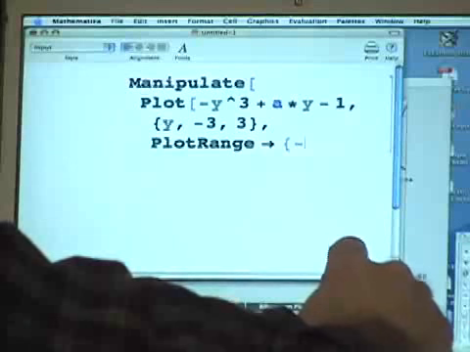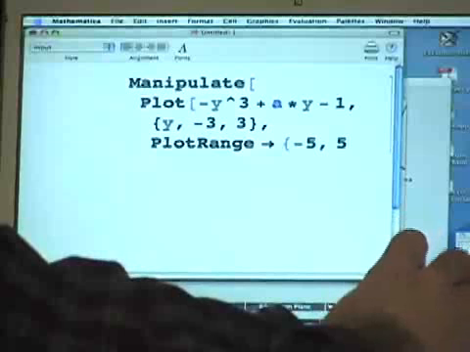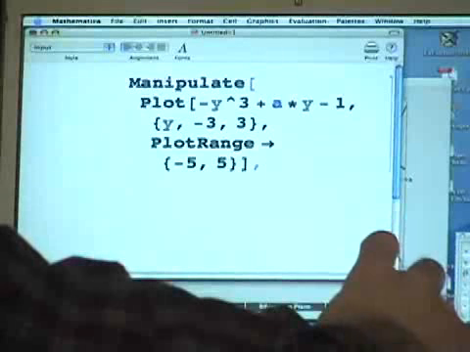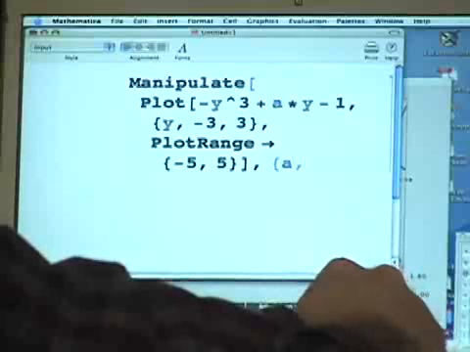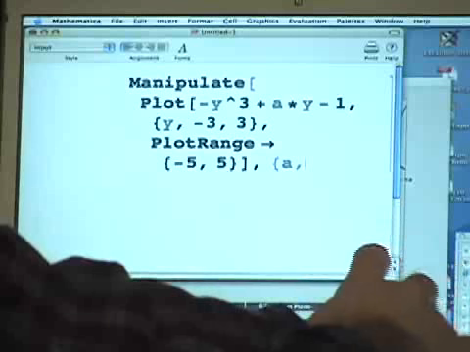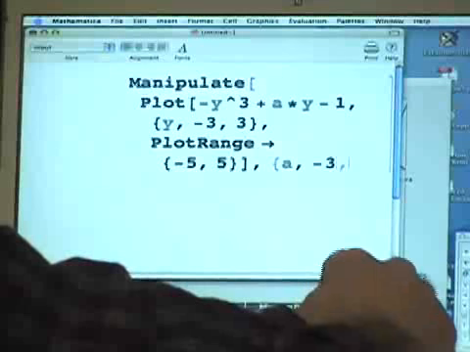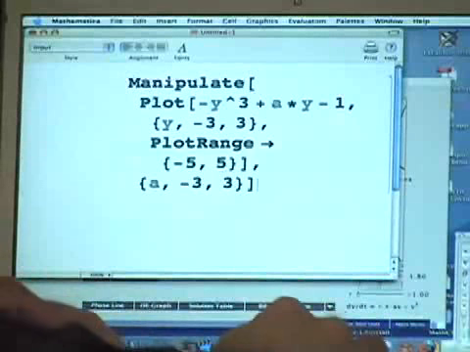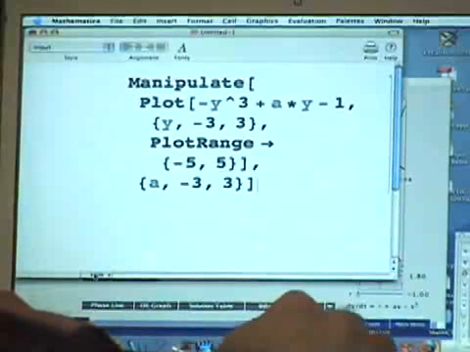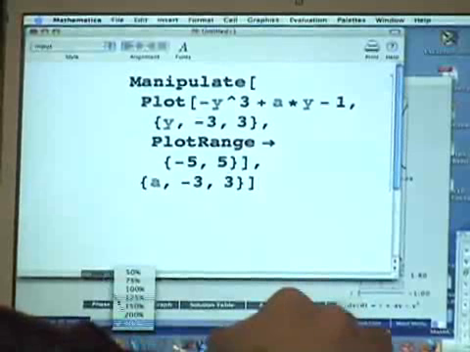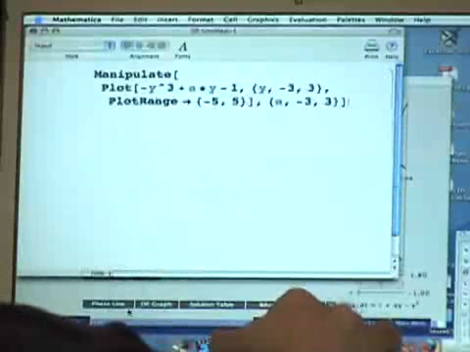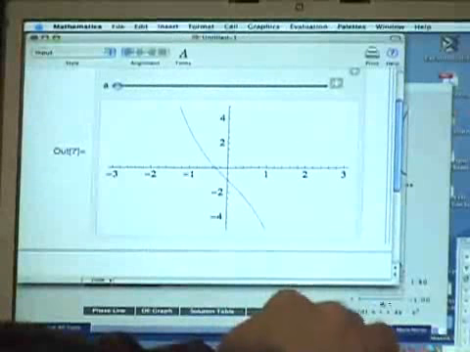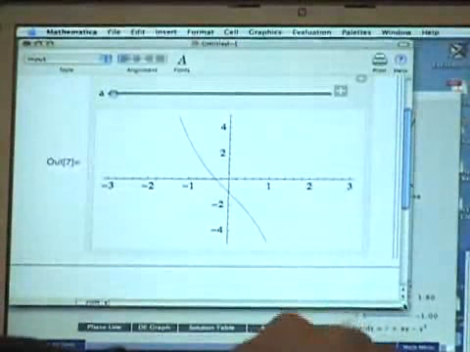Keep my plot range constant. And let a, or alpha, if you like, vary. I'll try negative 3 to positive 3 and see what happens. Is that showing up pretty well? Oh, got to do my plot style thick.